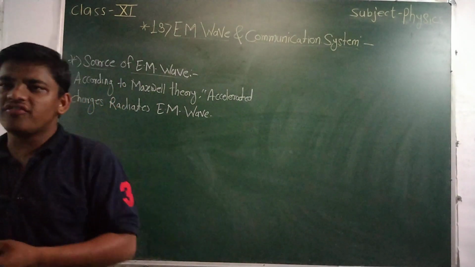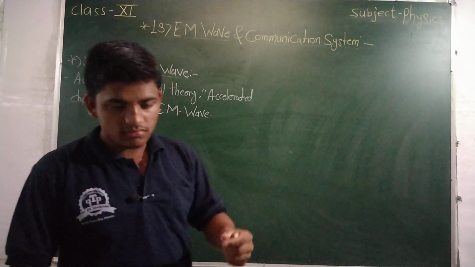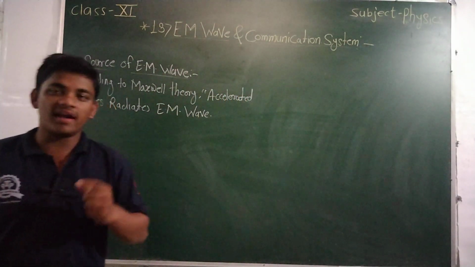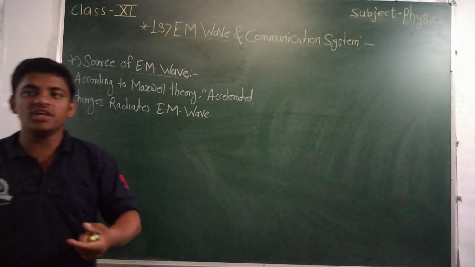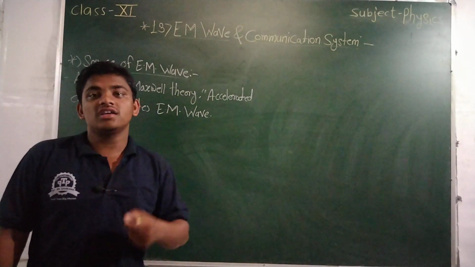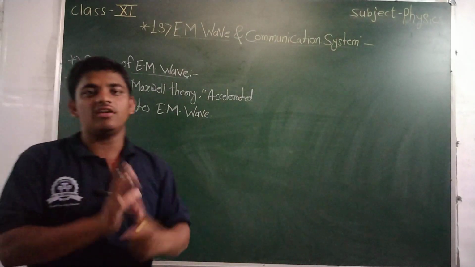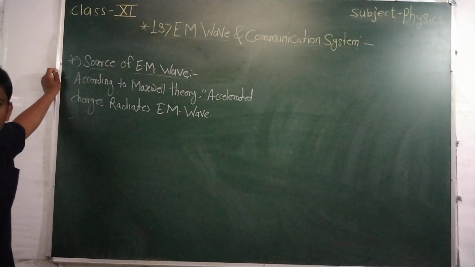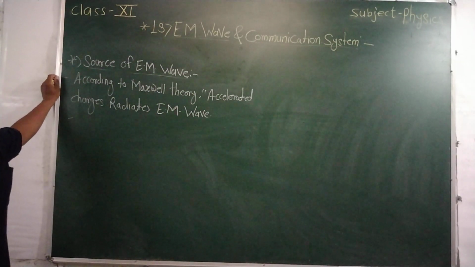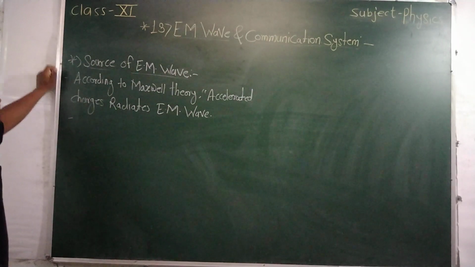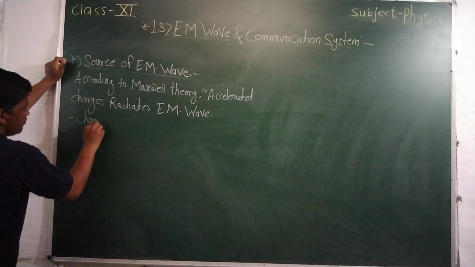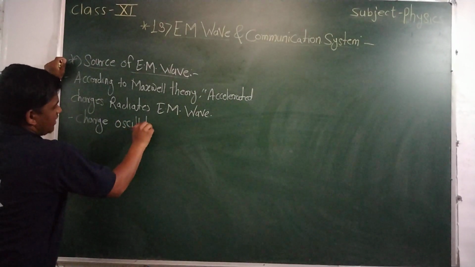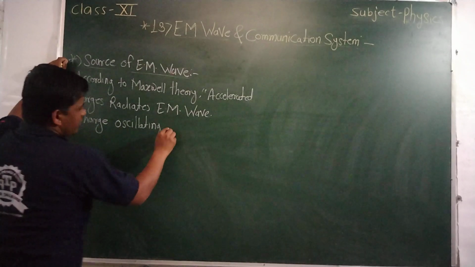Consider one of the charges being oscillated with some frequency. When the charges or particles in the medium are oscillated or vibrated, they produce the electric field in space, and they also produce the magnetic field. Let's begin. Consider a charge oscillating with some frequency.